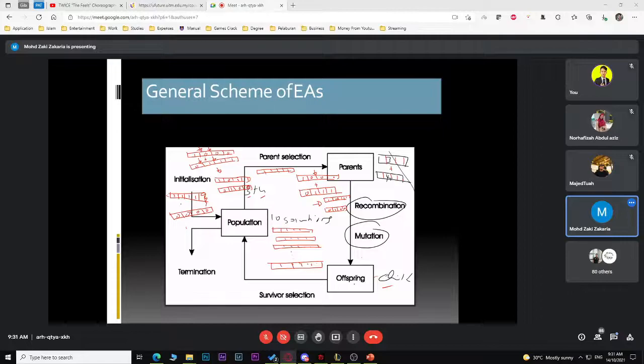These children are the worst quality, because 0, 0, 0 has no value. At point number 2, the result looks like this; at point number 1, it looks like this. Clear? Clear, thank you, sir.